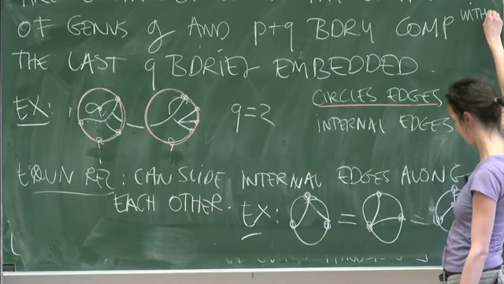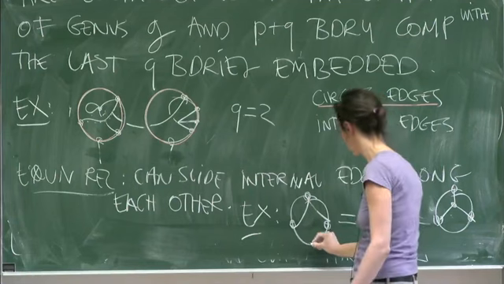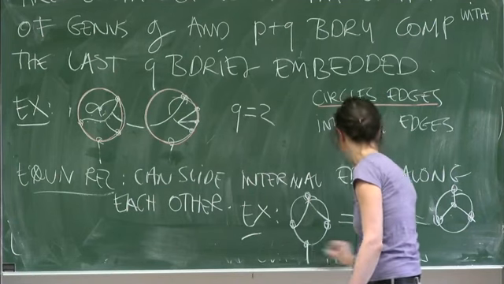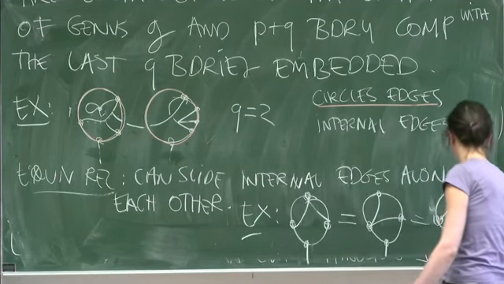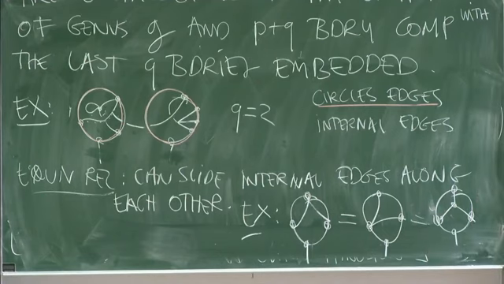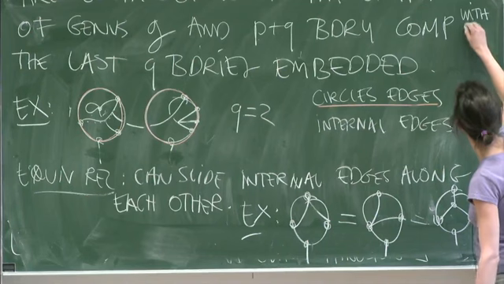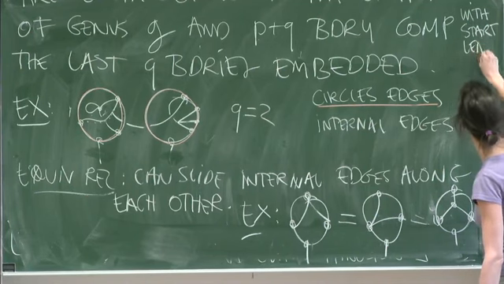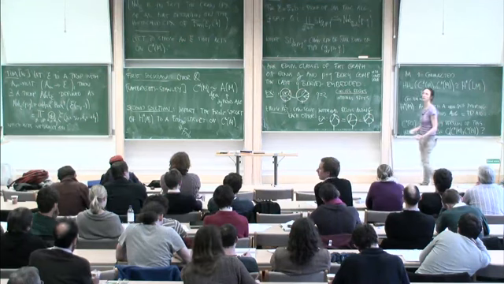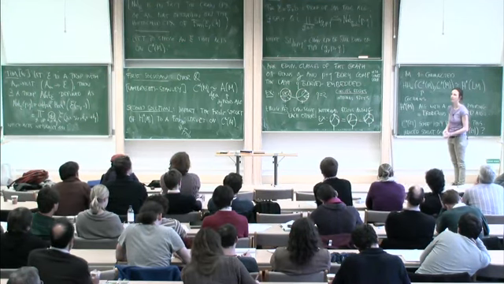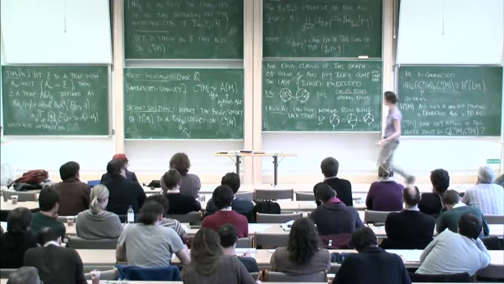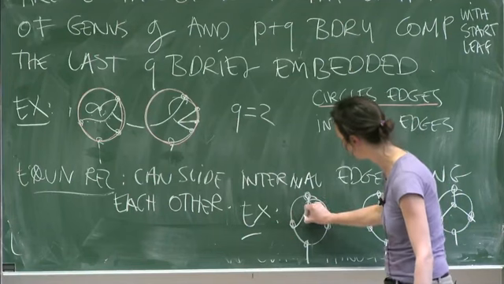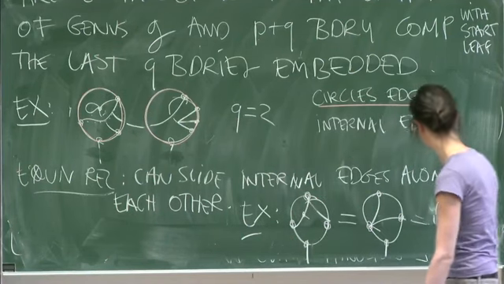But if you mark a point on the boundary, then it's okay. So all my boundary components come with a start leaf. They will have this as part of the fat graph structure. And if I had a start leaf here, then it can move with it.